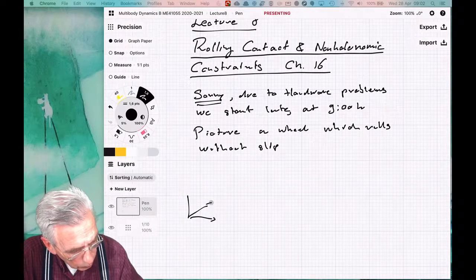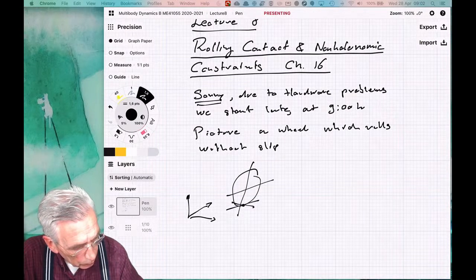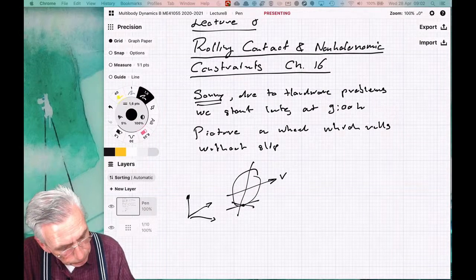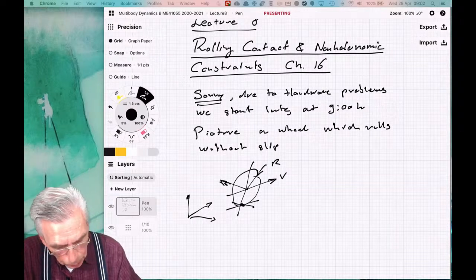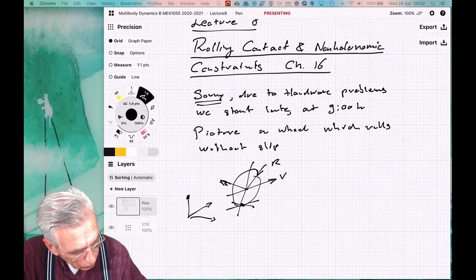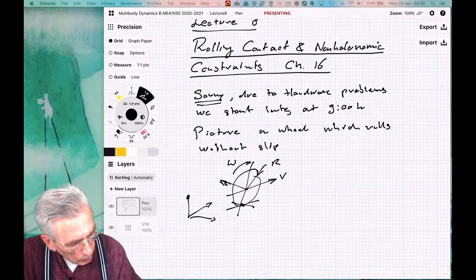In a three-dimensional world, you have some contact point here where the wheel is, and then the wheel is moving forward with some velocity. The wheel also has some radius, and it has some angular velocity, which you could say is a vector, omega.